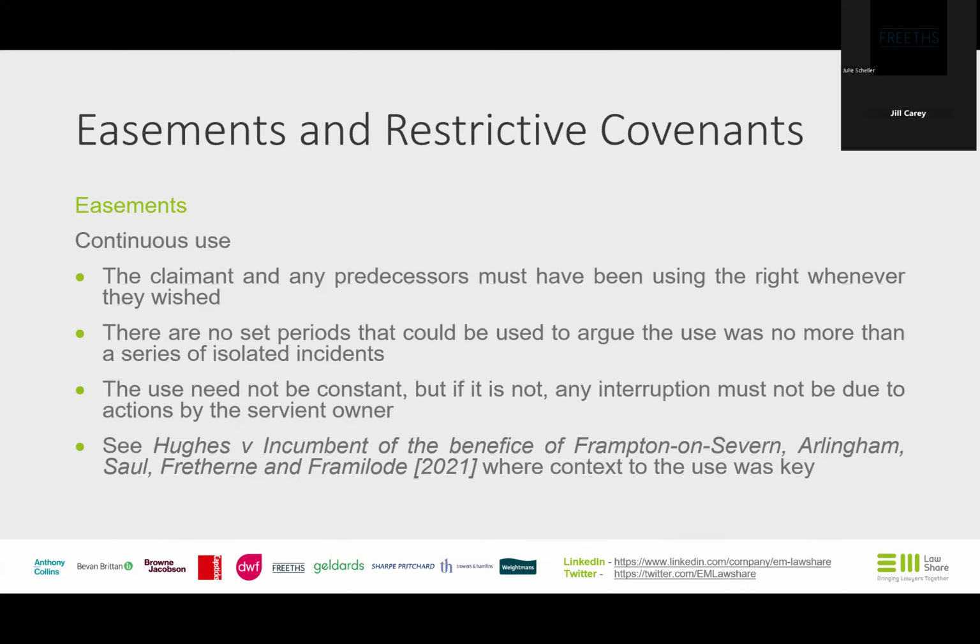The question was whether the church had already been able to acquire an easement, even though they'd stopped using it some 4 or 5 years before the case. And in that case, the church won. So even though there had been an interruption, it was still found that they'd already satisfied the criteria.